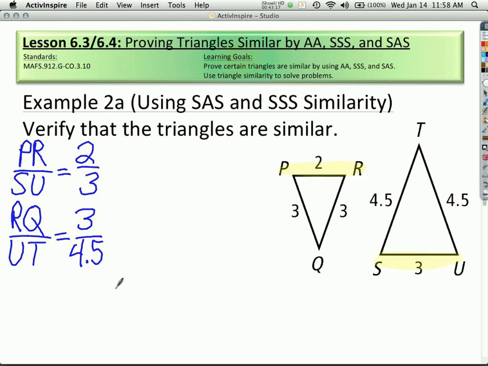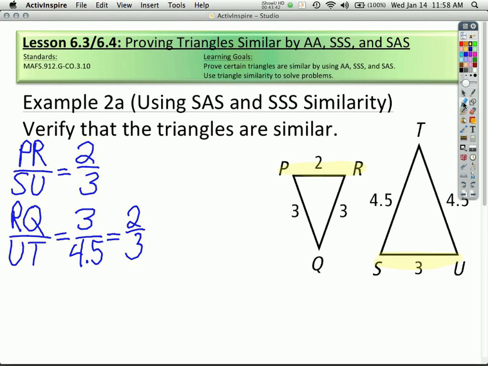Put it in simplest form. What does it come out to in simplest form? Nathaniel? Comes out to 2 over 3. So we can see that the ratios are equal to each other, but we have to show all of them.